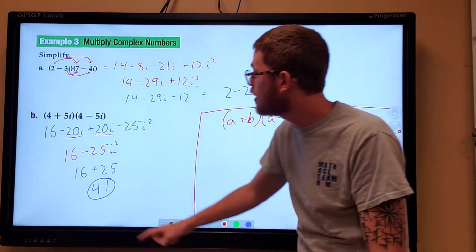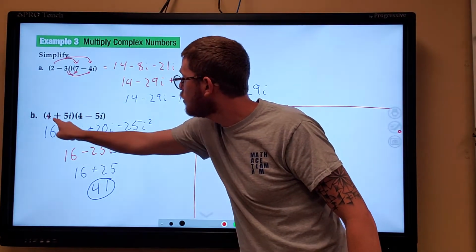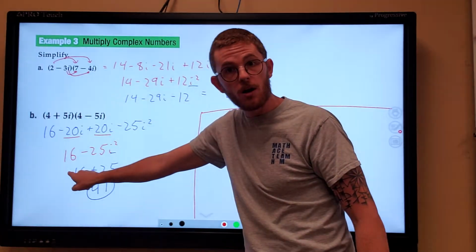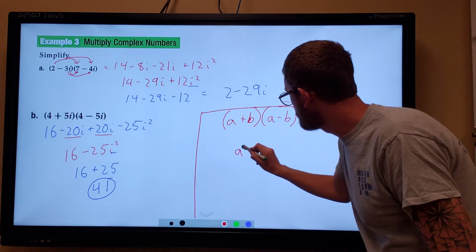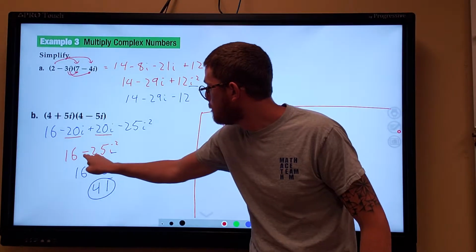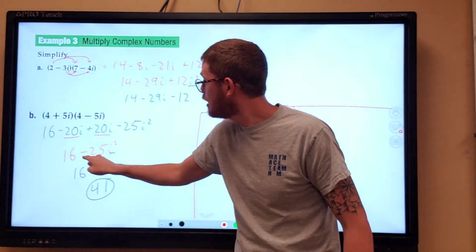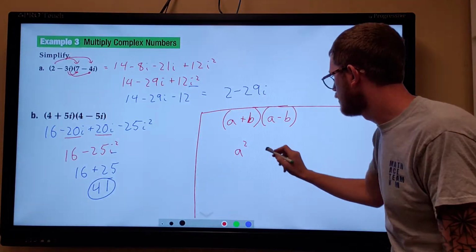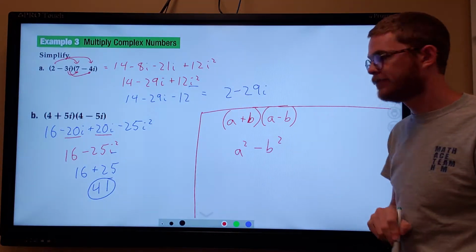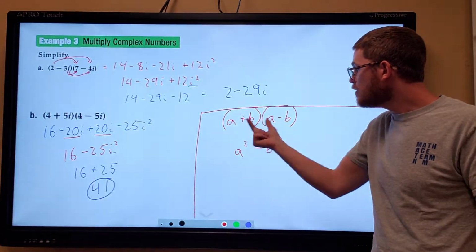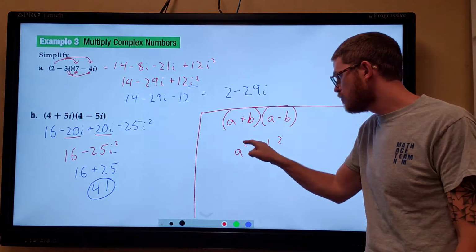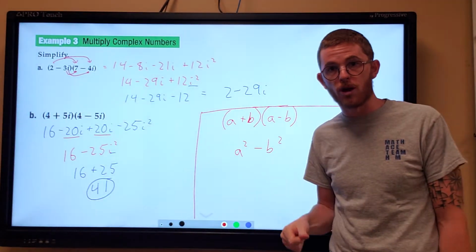It'll always turn out to be the first term squared minus the second term squared. Anything times its conjugate is going to give you the first term squared minus the second term squared.